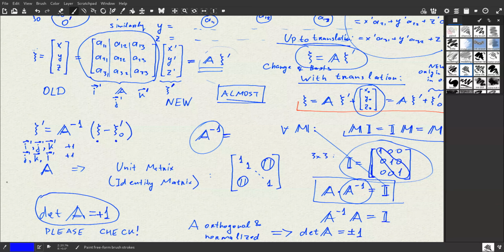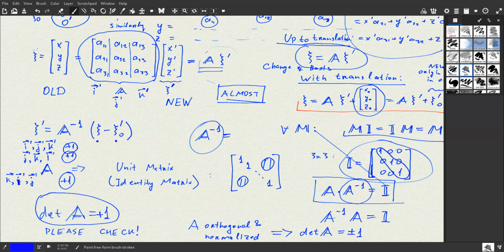If further we put K prime first, then J prime, then I prime, and then finally J prime, then it is still +1. So cyclic permutation of columns does not change the sign of the determinant.